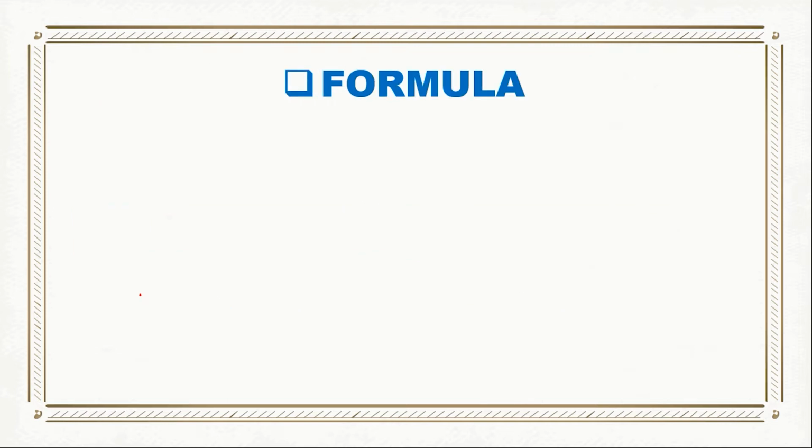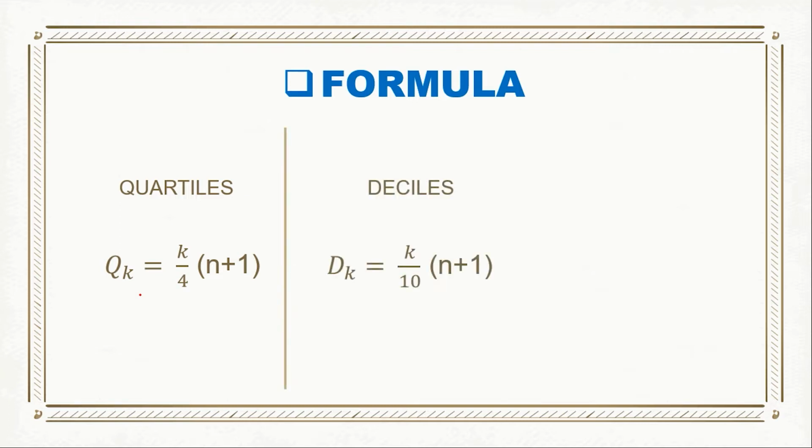These are the formulas that we will be using for today's topic. To find the position of quartiles, we have the formula Q_k equals k over 4 multiplied by (N plus 1). For deciles, D_k equals k over 10 multiplied by (N plus 1).